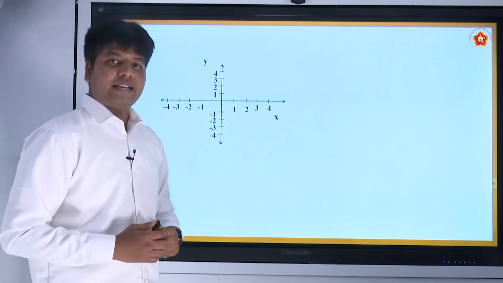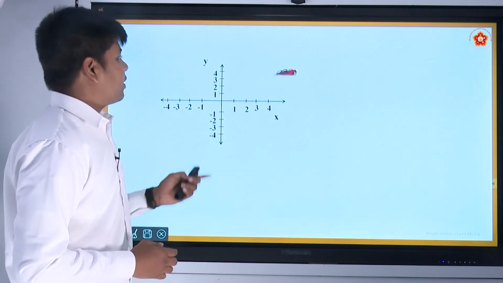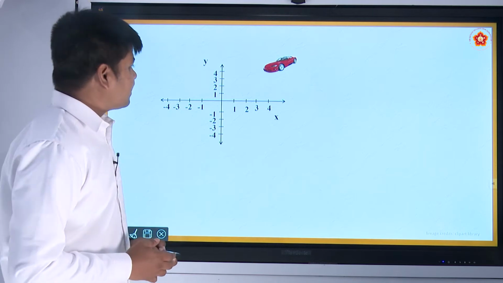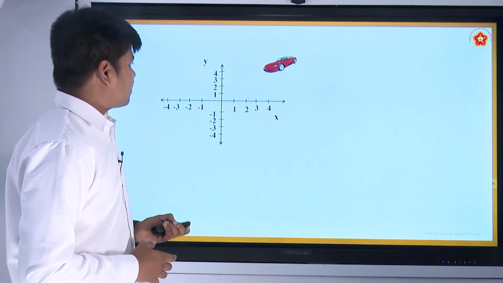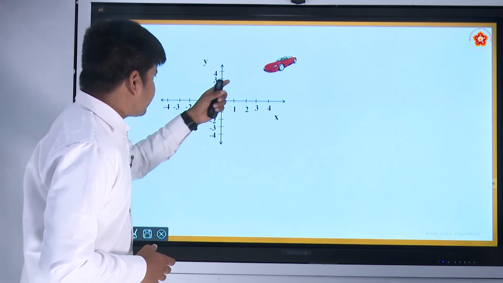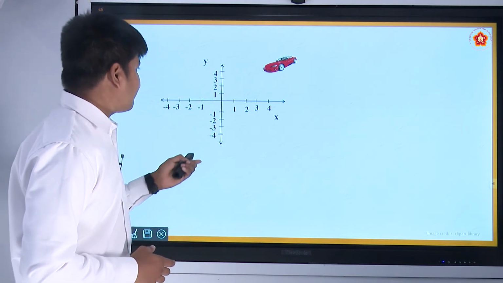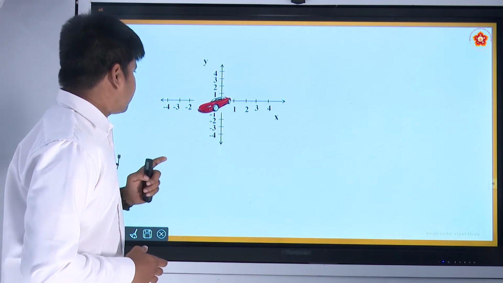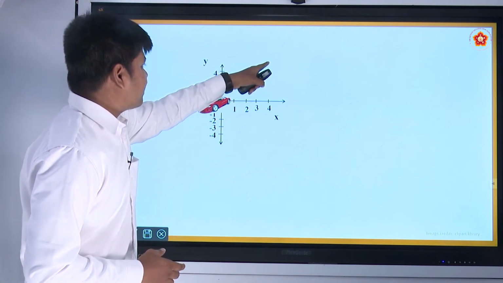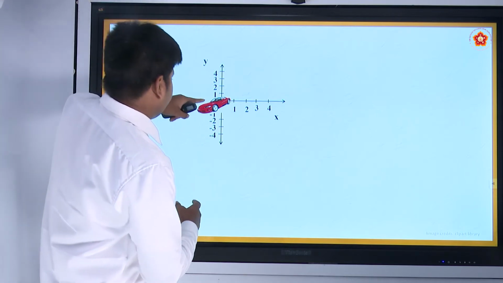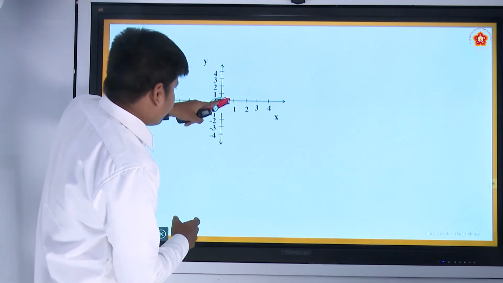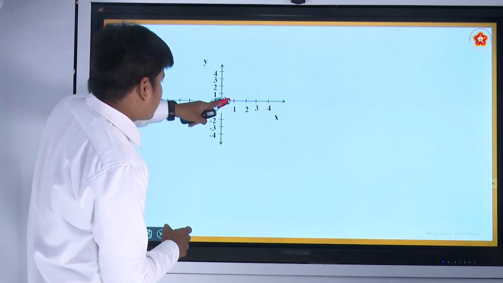You have a coordinate axis. Now you have a car moving. Let us see how the car is moving. Let us see once more. As you can track the movement of the car when I start the cursor, the car started from here and reached here. So the y coordinate is also changing with respect to the x coordinate.